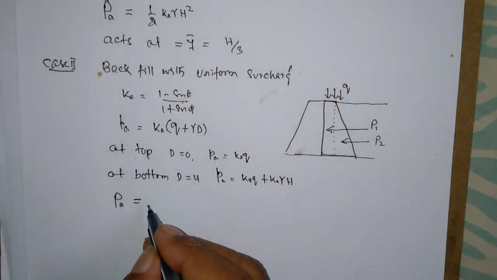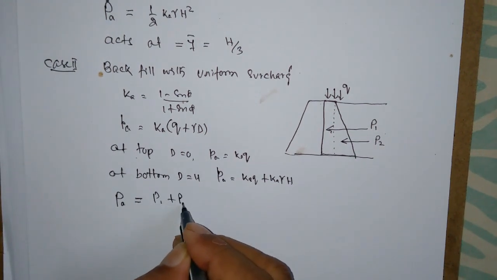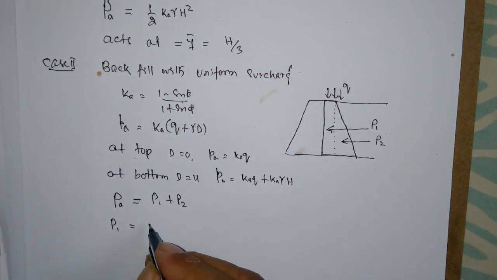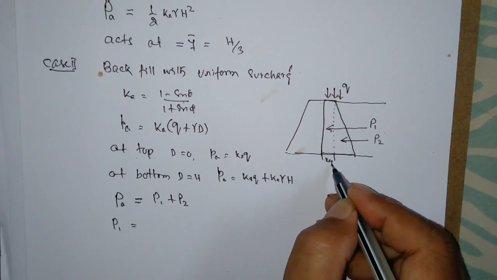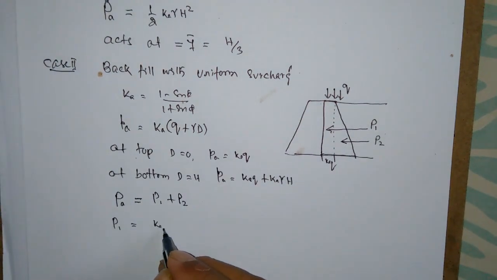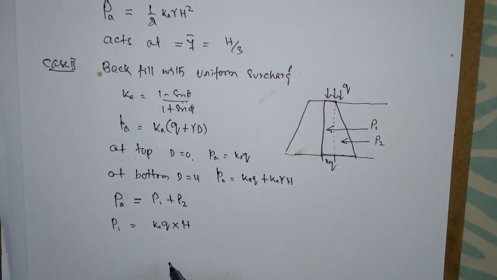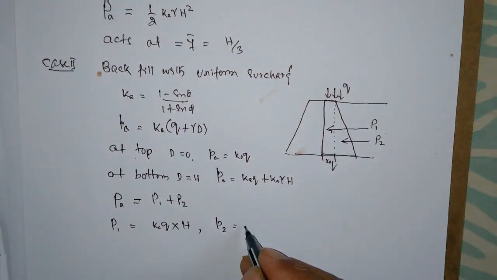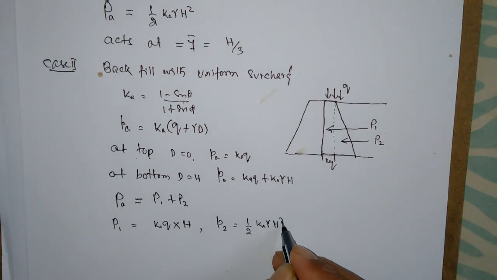The PA will be the sum of P1 and P2, where P1 is equal to the area of the rectangular diagram, that is K_a q into the height, and P2 is equal to the area of the triangular diagram, that is half K_a gamma H square.